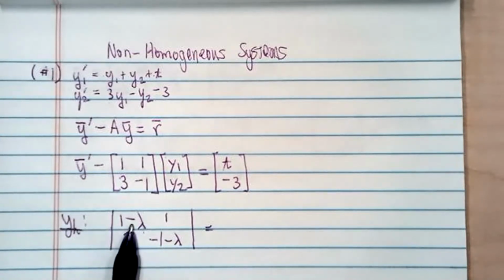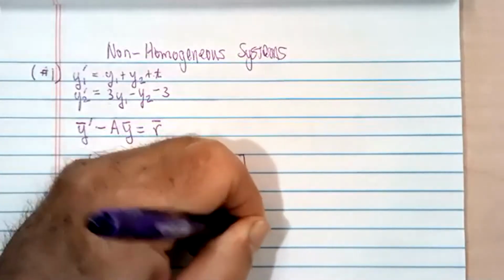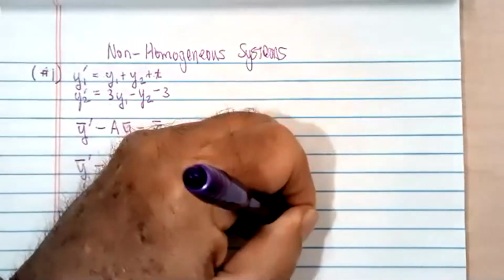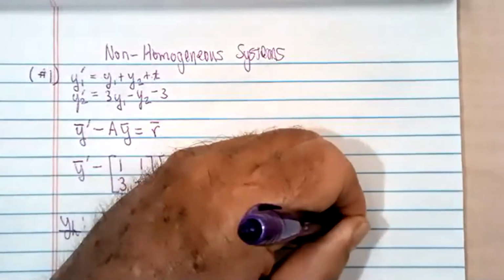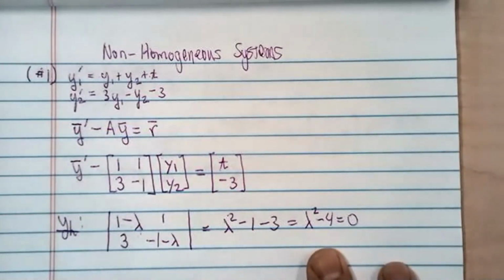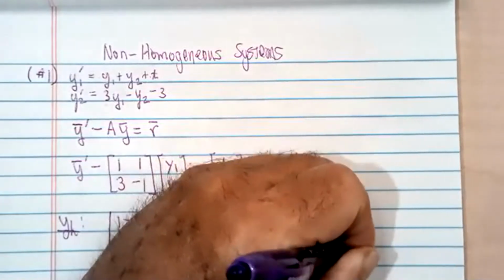Take a minus out of here and bury it in here. And then you've got lambda plus 1 times lambda minus 1. Well, lambda squared minus 1 is the result from algebra. And then we subtract the product from this diagonal, minus 3. So we have lambda squared minus 4 is equal to 0. So we could factor it, lambda plus and minus 2, or we could push the 4 on the other side and extract roots. But lambda 1 and lambda 2 are plus 2 and minus 2.